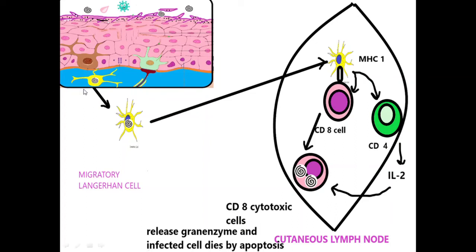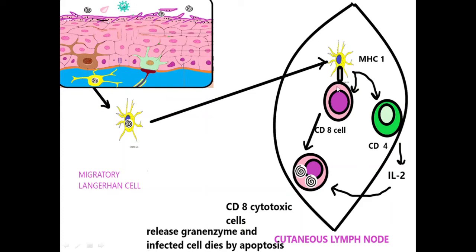This Langerhans cell, which is a surveillance cell, will take up an antigen and move to the underlying connective tissue, and it will go to the cutaneous lymph node. In the cutaneous lymph node, it will activate the CD8 cell and CD4 cell by MHC1 and the fragment of antigen that this Langerhans cell is carrying.